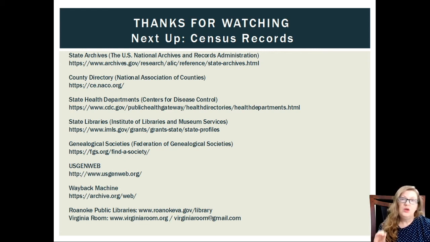You would want to go straight to the source, that state that you're interested in. Either go to their State Department of Health, which are going to be your most recent records, go to their archives for the older records, go to the state libraries, see if the state libraries have any information for you, go to the county level, and then you may be able to send off for a copy of that original document.